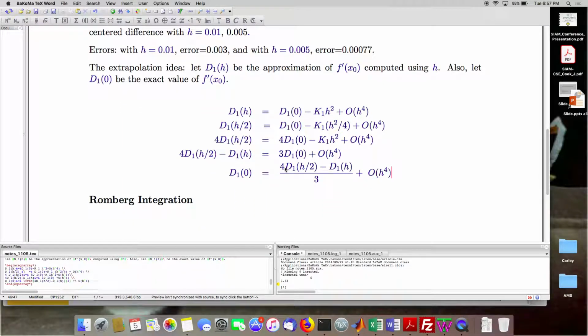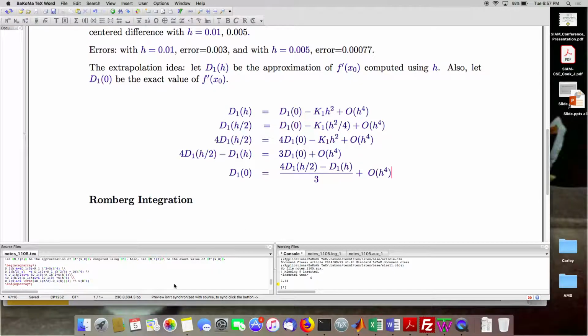So this is how extrapolation works. I take two approximations and I scale them in such a way that the error cancels out. Then I had to use the right scaling factor to solve for the exact value. And what's left will be the same order as whatever the next term in the error is.